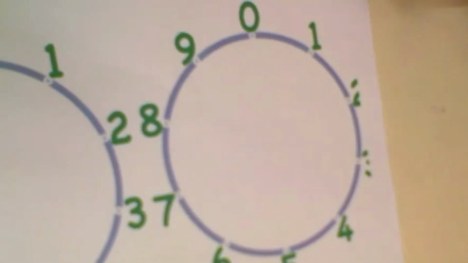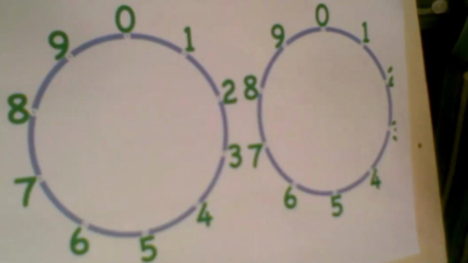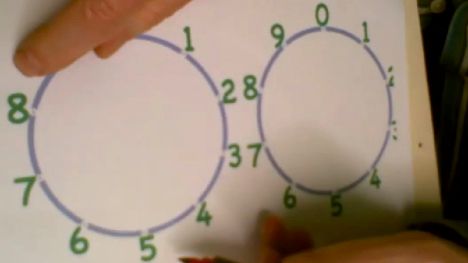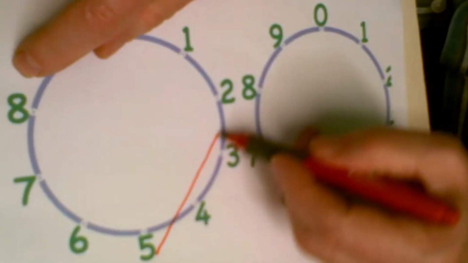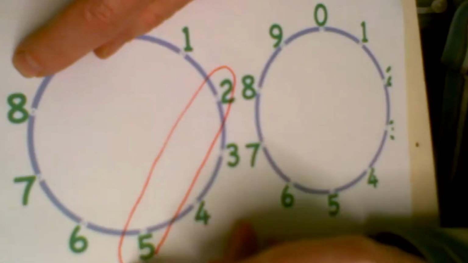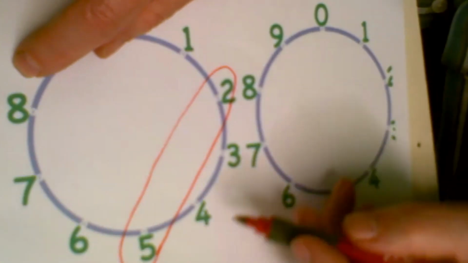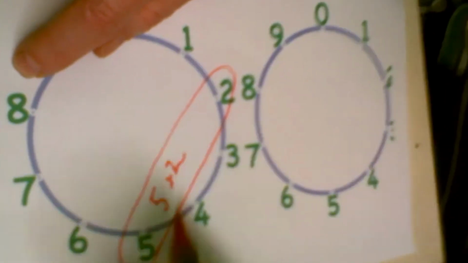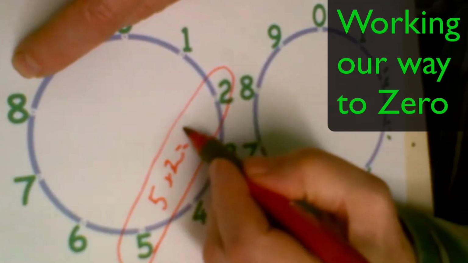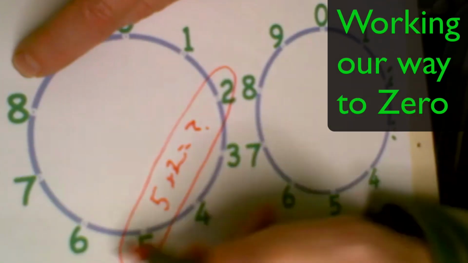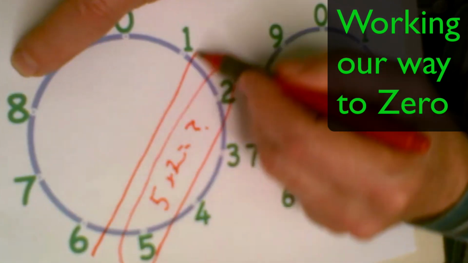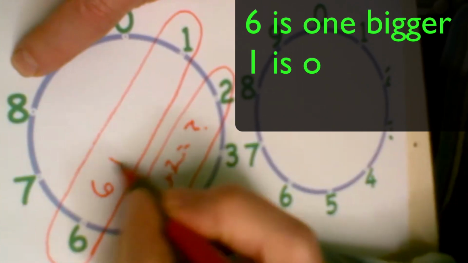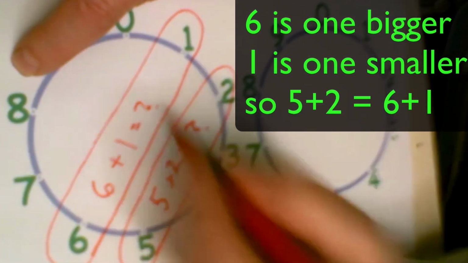All right. One thing I'm thinking about doing is doing something like this, rather than just doing lines, actually doing circles, or circling them like this. And then you could put in there 5 plus 2 equals, and we'll just do a question mark. And then you do the next 2, and you do 6 plus 1 equals question mark.